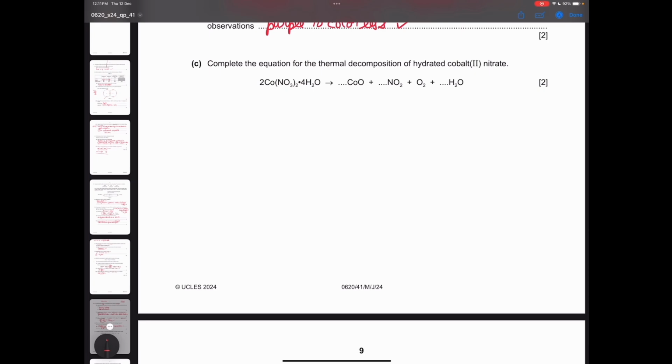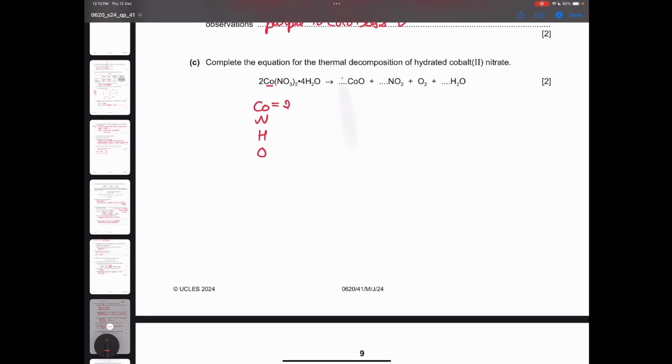So, first of all, let me write down cobalt here, nitrogen here, hydrogen here, oxygen here. Now, cobalt is times 2, so 2 atoms of cobalt. From this, we know that we have to put a 2 here.